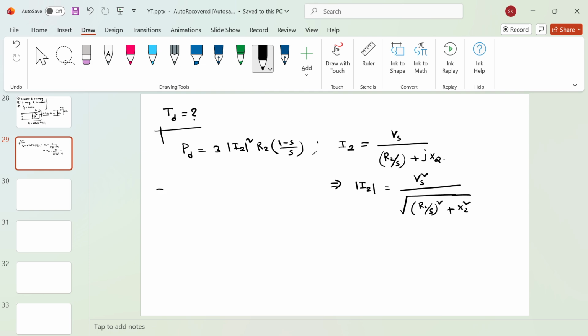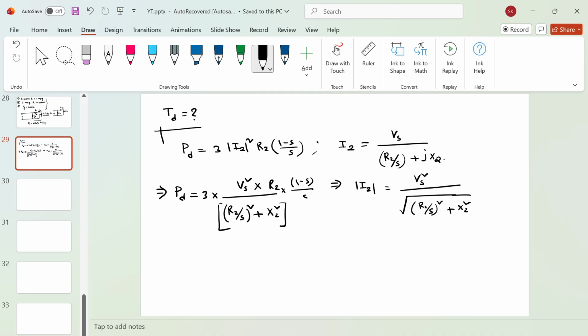Put this into this equation for PD, developed power: 3 Vs square into R2 (1 minus S) by S, divided by (R2 by S) whole square plus X2 square.